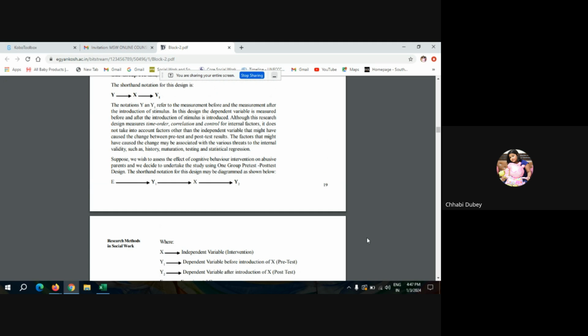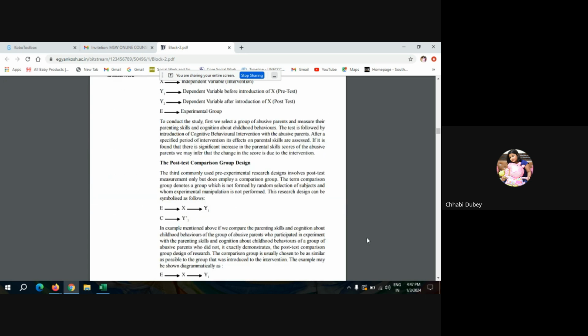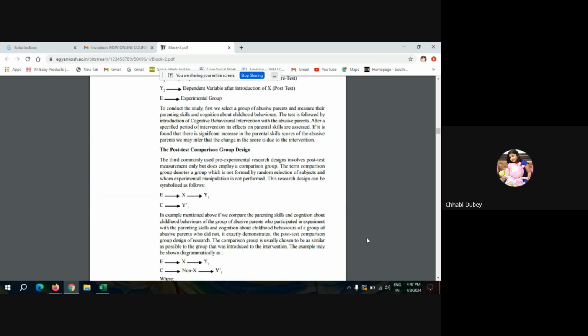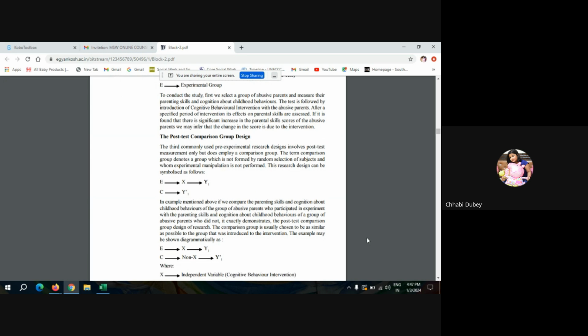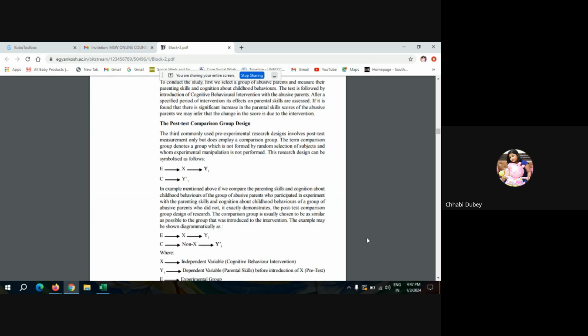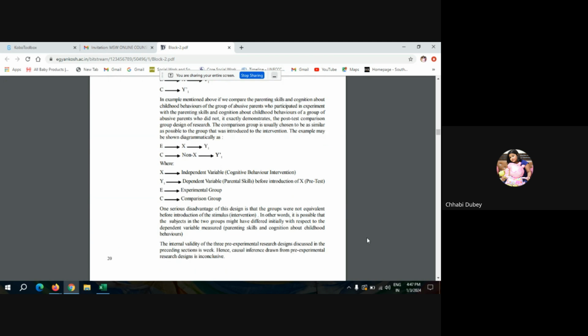So basically, this was an example that was given to us to understand the designs. They have applied a similar example to the post-test comparison group design as well.